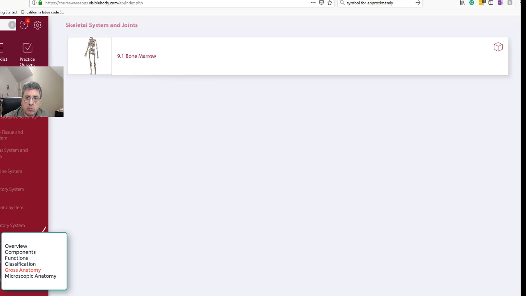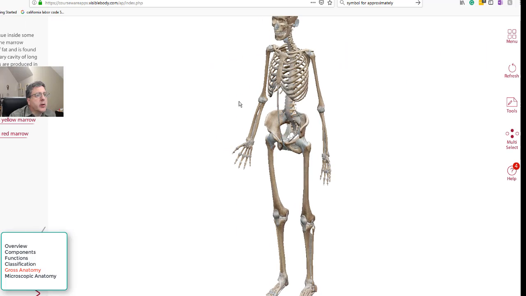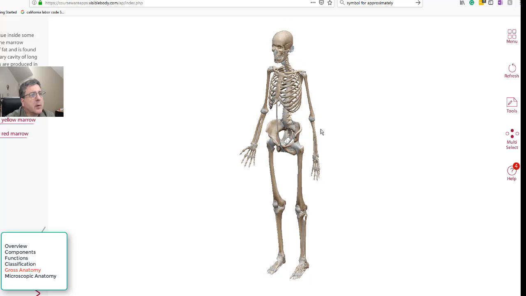In children, most of the bones will have red marrow, and as you age, it transitions over into yellow marrow. And let's look at where we're finding the differences between red marrow and yellow marrow.